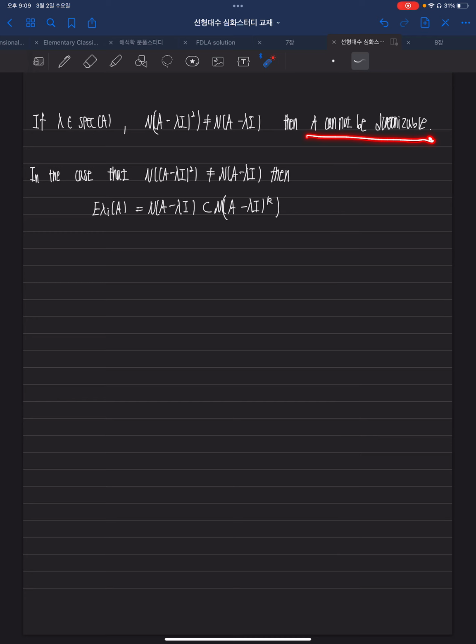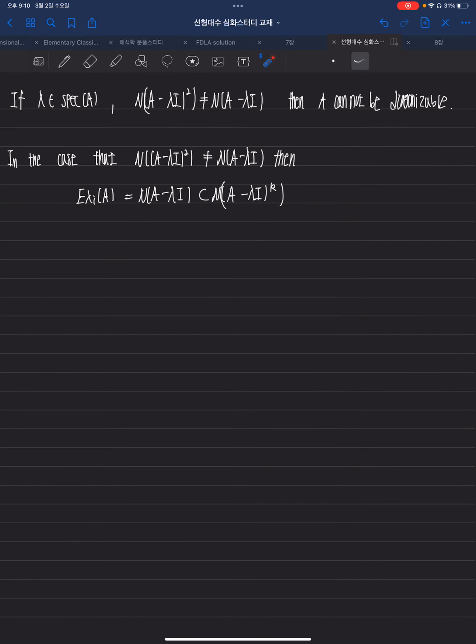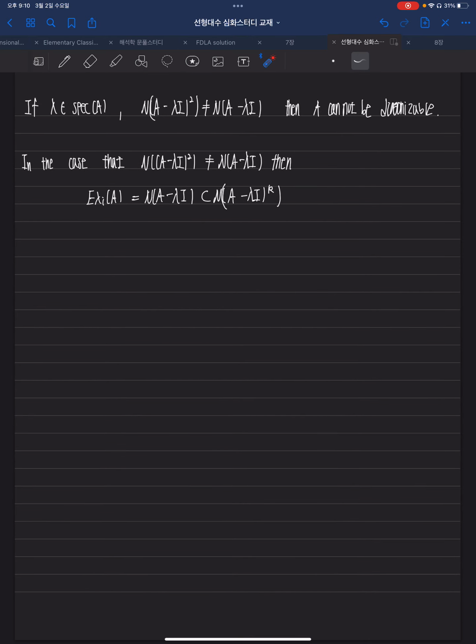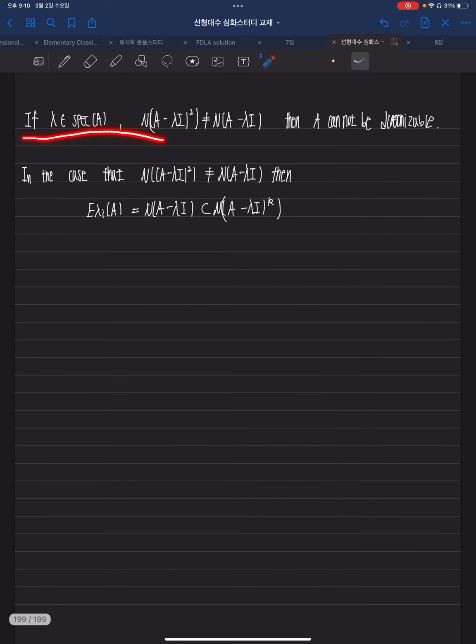So you must learn the various contents about diagonalizable. Same thing. What is the same thing? You can answer this question.